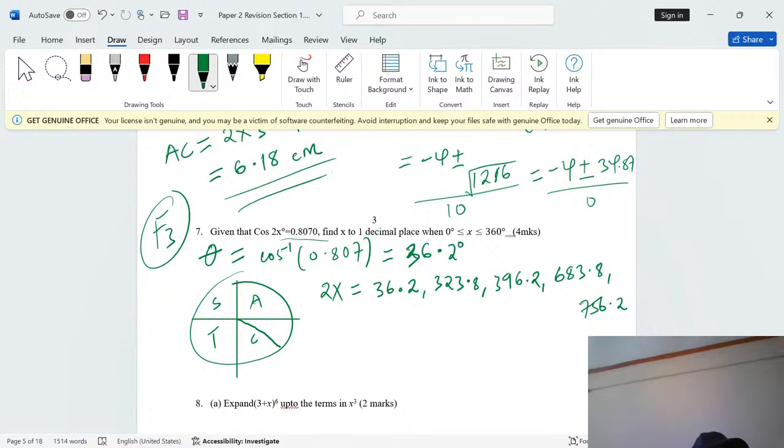Now we can continue and talk about the exact value of x, which will be when we divide all the values by 2. This will give us 18.1 degrees, the first angle. The next one will be 161.9 degrees.